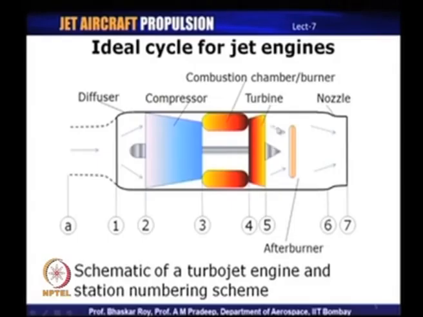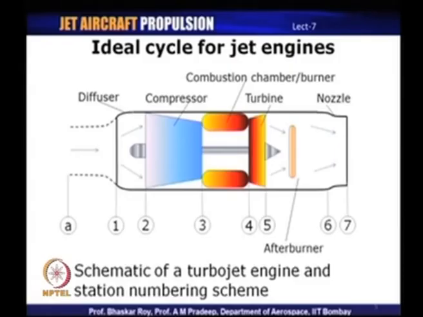At the exit of the turbine, there could be a component which is known as an afterburner. So, a turbojet engine may operate in a non-afterburning mode or an afterburning mode. We will discuss afterburning a little later. You have already seen that in one of the earlier lectures. And then the exhaust combustion products exhaust through a nozzle, which also generates thrust.